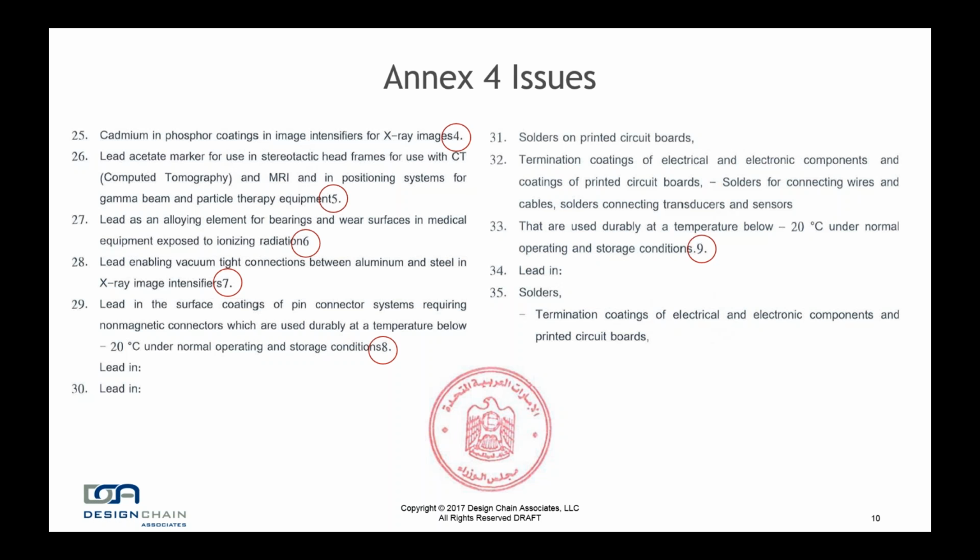Now, one issue that Annex 4 has is a whole bunch of typos, which is interesting because the draft regulation did not have these typos.